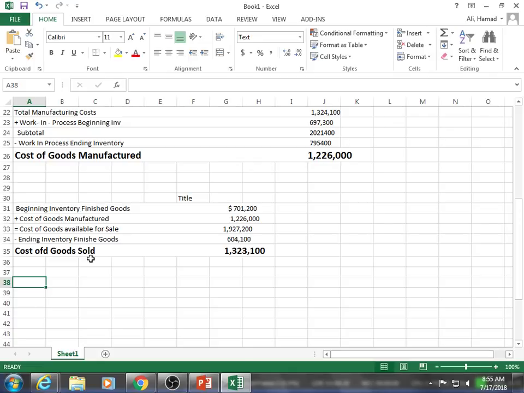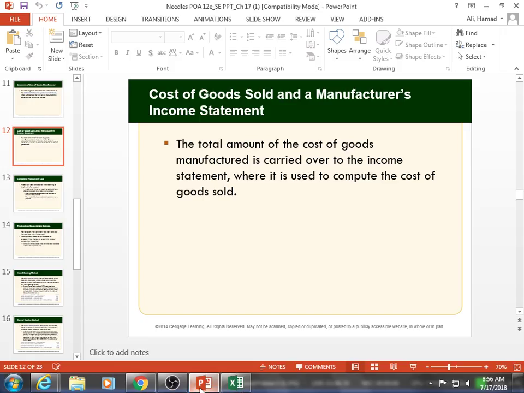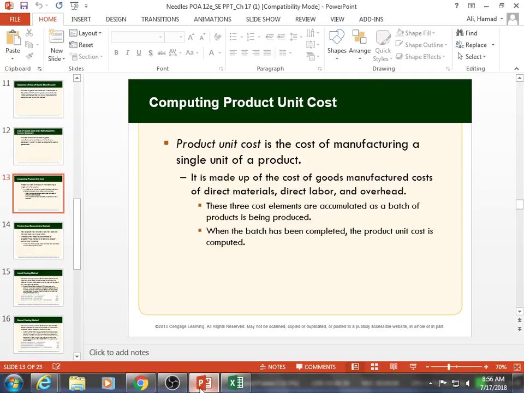All right. If we go back to the book for just a second, let me see the slides. Cost of goods sold. If you look at the bottom of page 773, you will see some formulas, and that's what we just did.